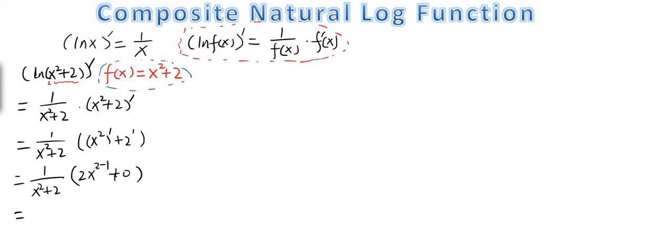And we can simplify. Here's 2x, and the denominator is going to be x squared plus 2.